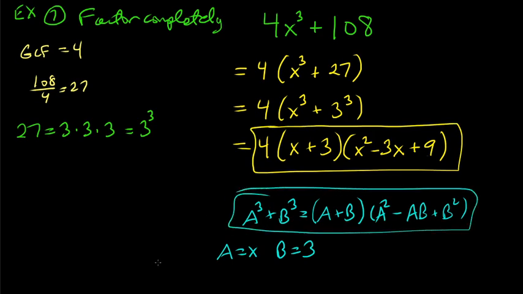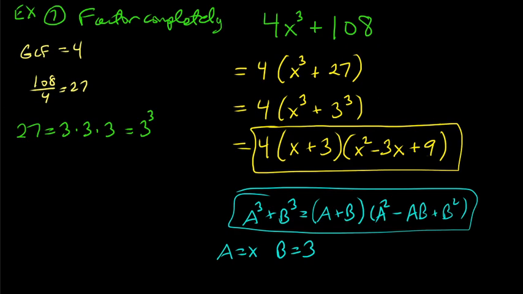As unpleasant as that is, you have to know it. There's no other way to do it, as far as I know. So again, if you leave it like this, you're only going to get partial credit because it's only factored partially. You did factor out the GCF, the 4, which is good, but you have to keep going.